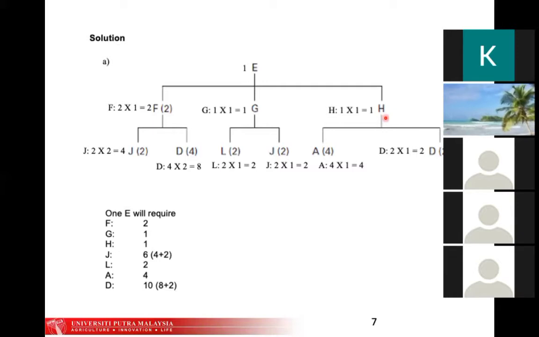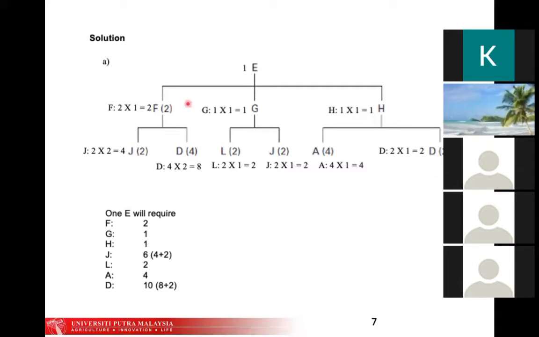For F, it is 2 units of F times 1 unit of E, so it equals 2. For G, 1 unit of G to produce 1 unit of E, 1 times 1 equals 1. To produce 1E, we need 1H, so 1 times 1 equals 1.